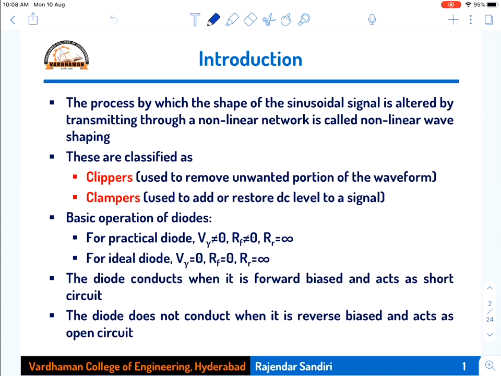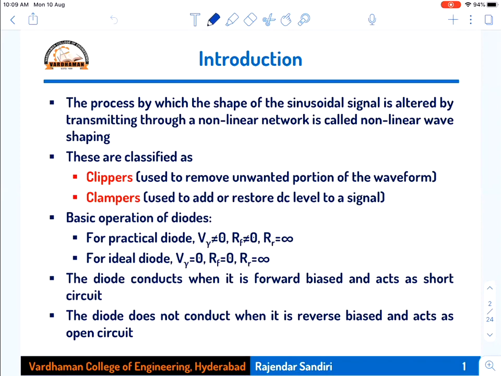The process by which the shape of the sinusoidal signal is altered by transmitting through a nonlinear network is called nonlinear wave shaping. Generally, a diode is a nonlinear element. The circuit constructed using this nonlinear element, we call a nonlinear network, and the input to this nonlinear network is a sinusoidal signal.